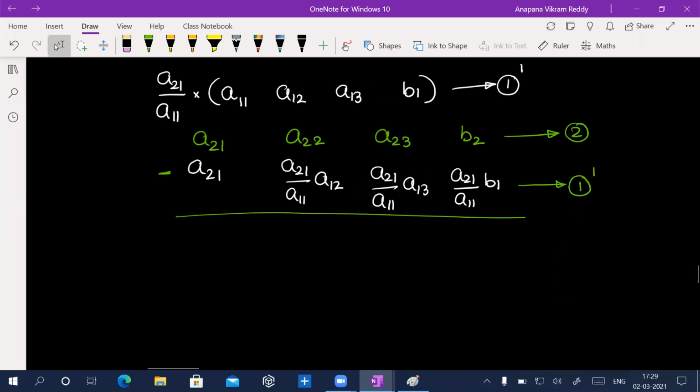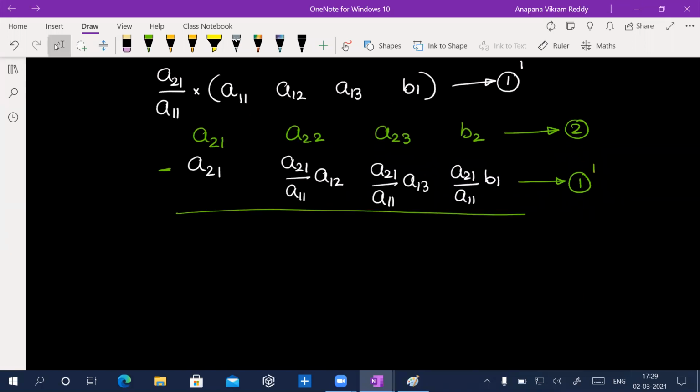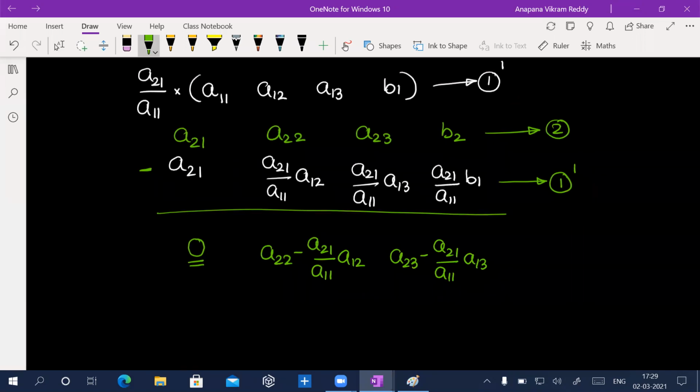Yes, sir. So you subtract this 1 prime from equation number 2, and you expect this, and you got this 0. Now the remaining stuff you can take down: A21 by A11, A12, and this is A21 by A11, A13, and the last term is waiting here to be occupied: A21 by A11, B1.